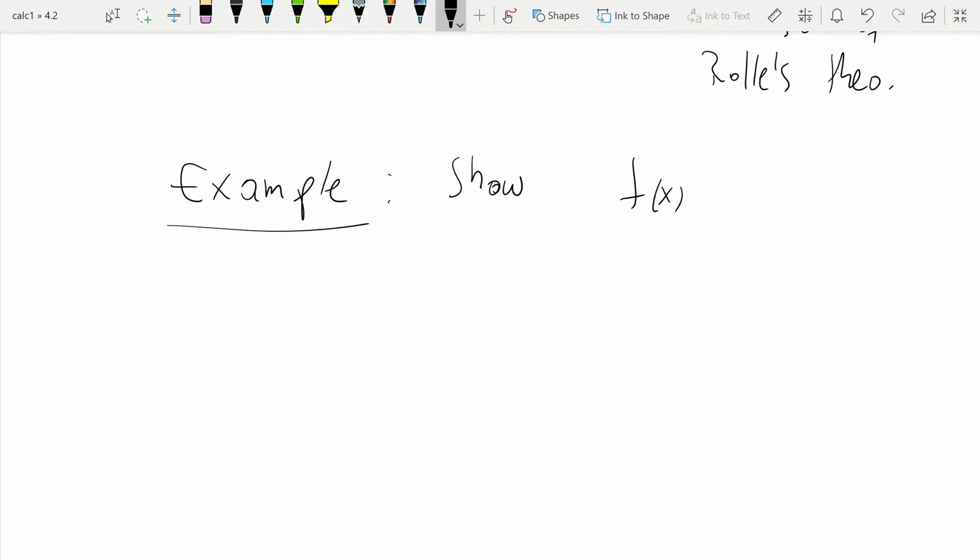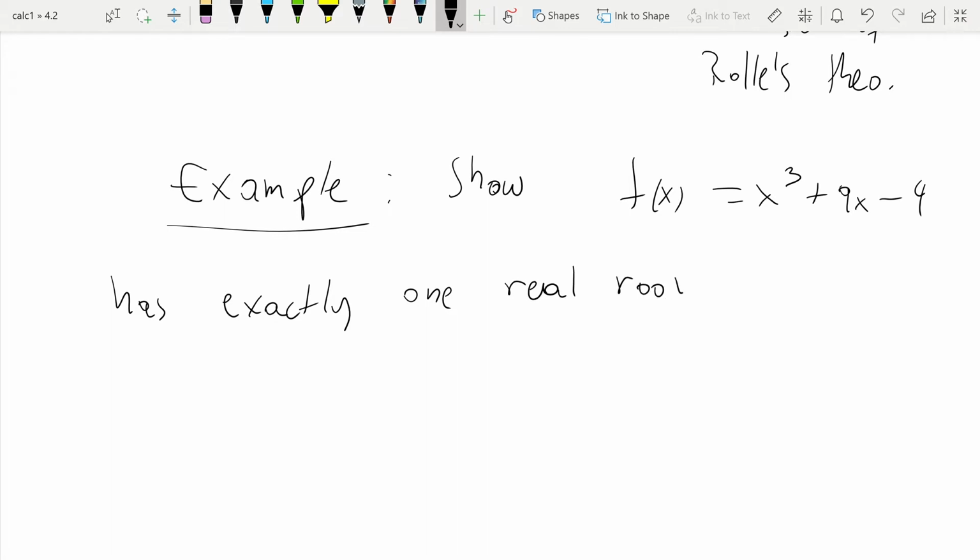So we're asked to show that f of x equals x cubed plus 9x minus 4 has exactly one real root.